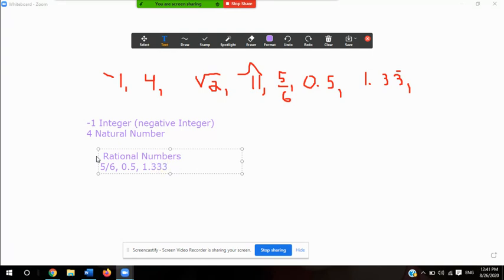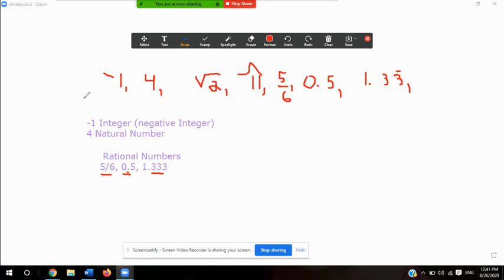So remember, both terminating decimals, like 0.5, and repeating decimals, like 1.33, are rational numbers. And 5/6 is a fraction. I know it doesn't look the same way I drew it here, but that slash is also used to represent a fraction, so 5/6 is also a rational number.